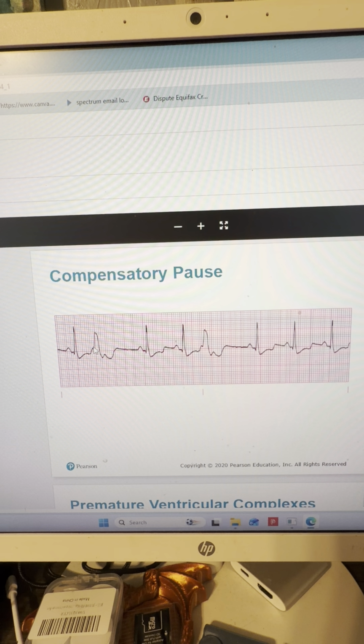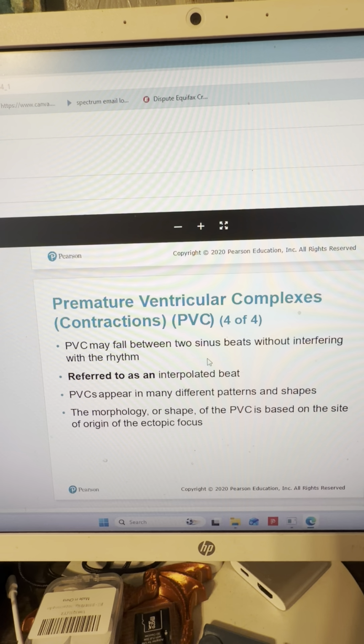So it makes one, and the QRS is super wide, then a little pause, then a normal complex, another normal complex, and then another PVC that's wide and bizarre, and then normal, normal, normal. So these two right here are your PVCs.